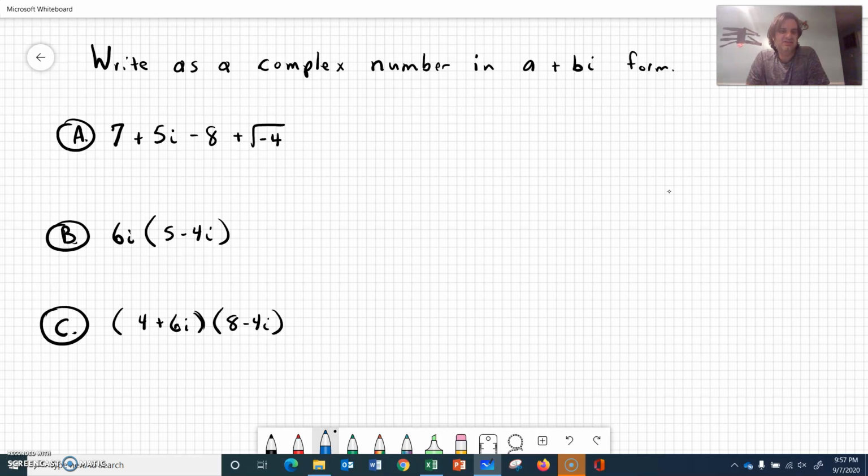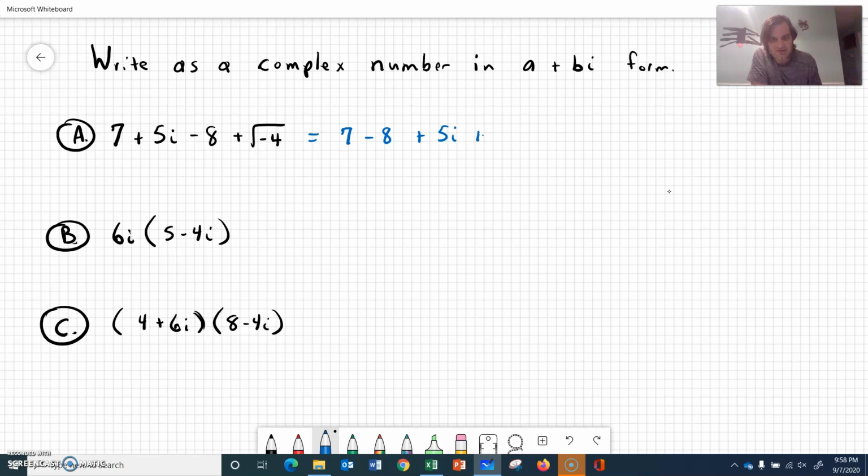A is 7 plus 5i minus 8 plus the square root of negative 4. So there are some like things we can combine, but first let's put it all in the same form. I'm going to move the 7 and the negative 8 together, they're the real parts. The other part, 5i, will go with the plus the square root of negative 4.